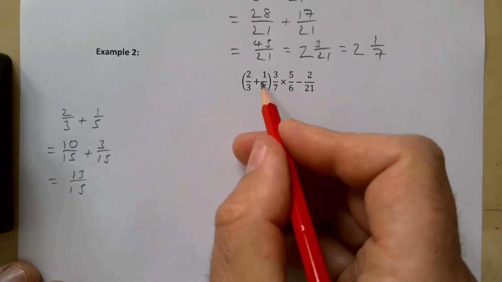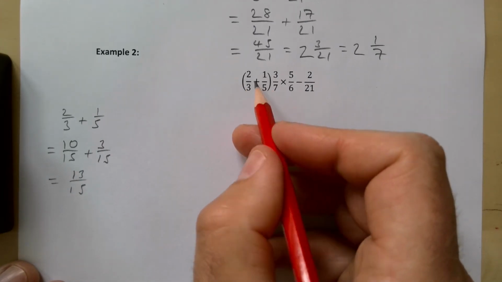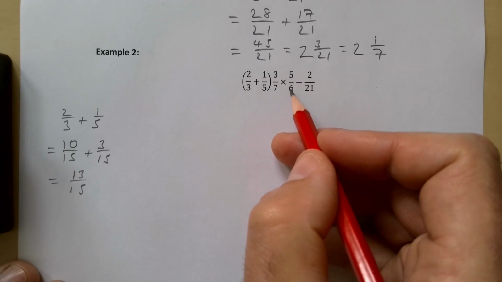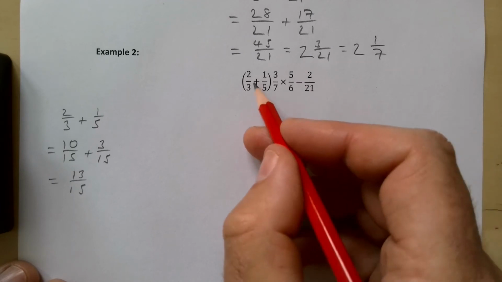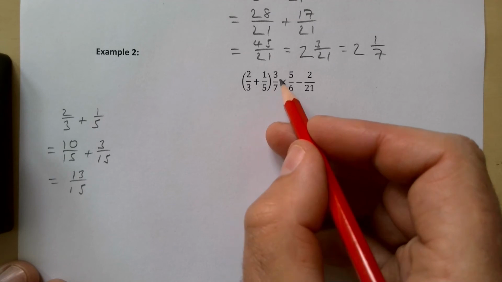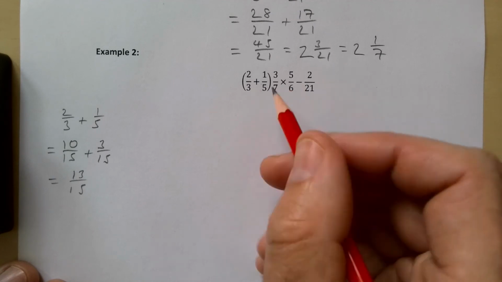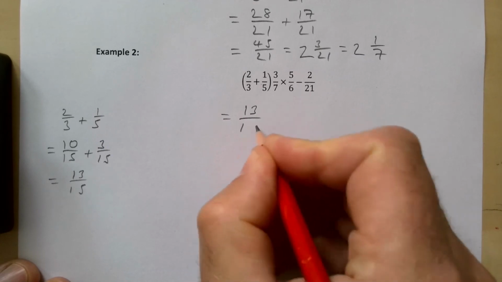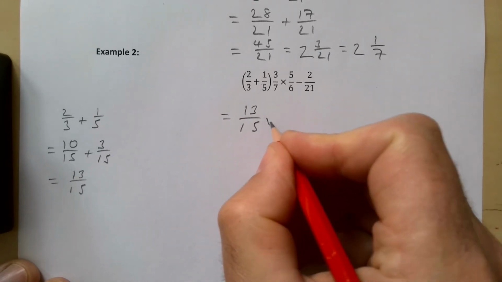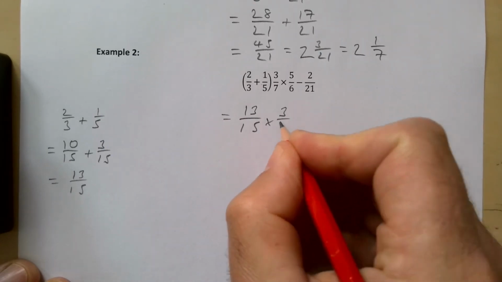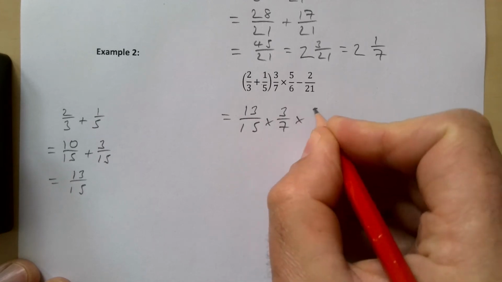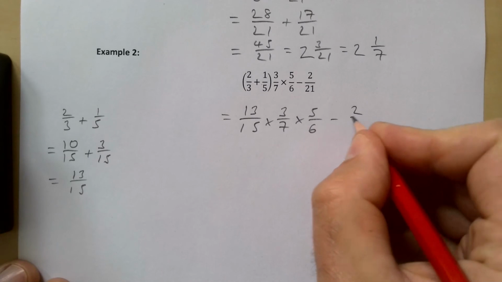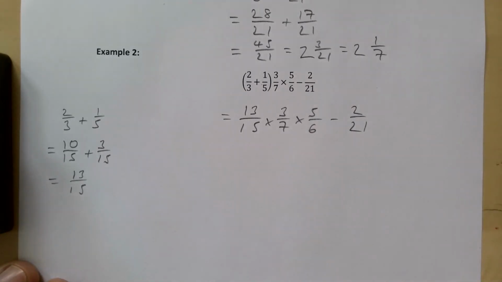So here's where I am. I've worked out this wee bit in the bracket, and then I have a 3/7 here, and then I have a 5/6 here. So this effectively means we just needed this times this times this, so I can multiply these three things into one thing. So this equals 13 over 15 multiplied by 3 over 7 multiplied by 5 over 6, take away 2 over 21.